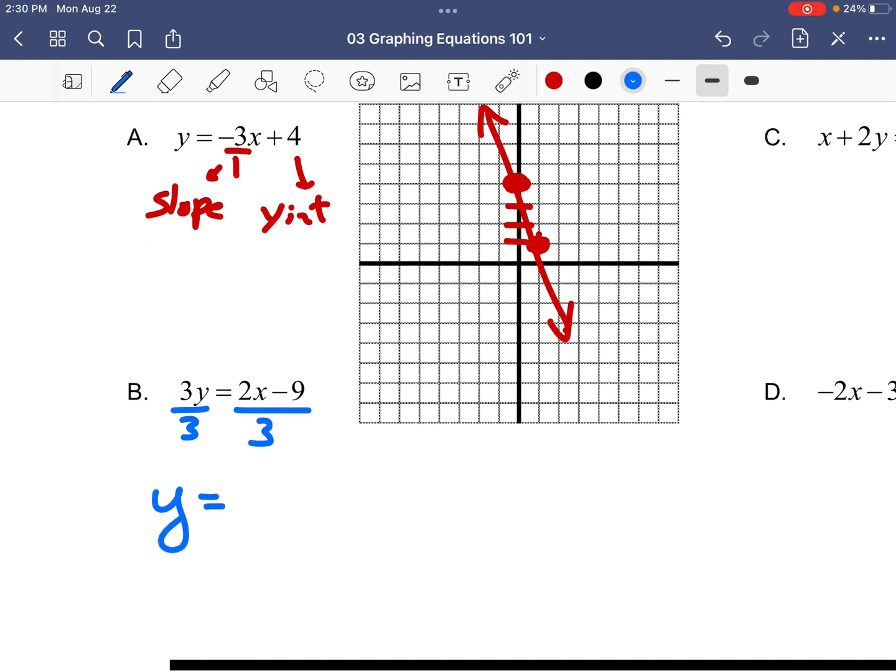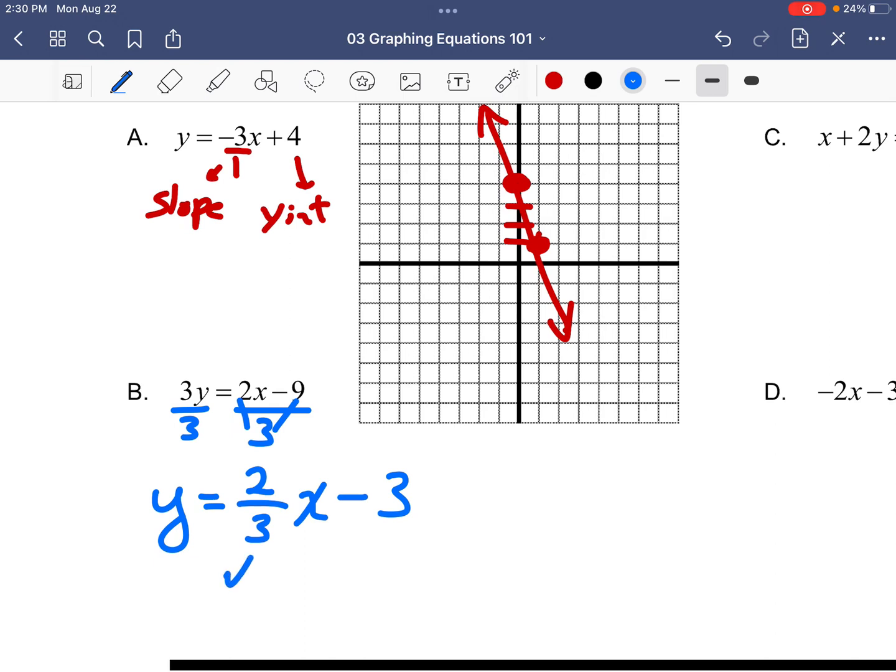So now I get a y equals equation, but the rules of fractions would say that that 3 has to divide into the 2. It doesn't divide evenly, so we typically just write it as 2 divided by 3. But the 3 does divide nicely into the 9. That is the -9, so we will want to do -9 divided by 3, of course, comes out to -3.